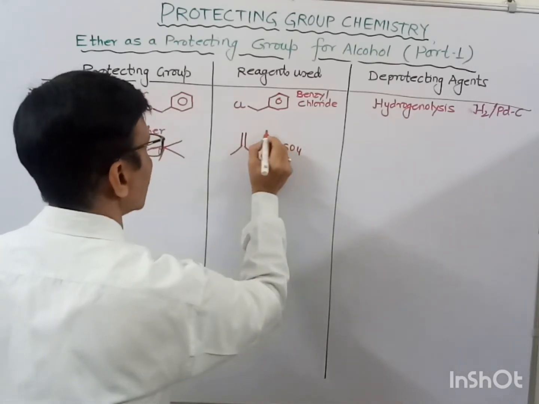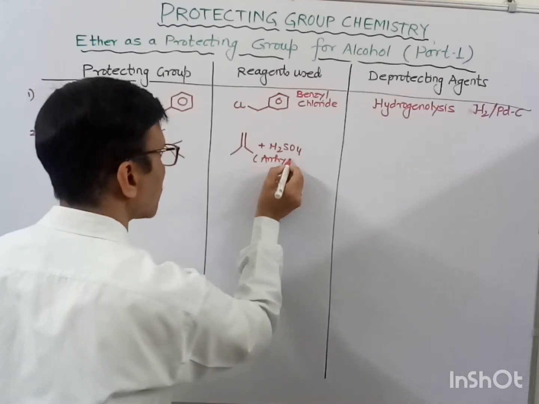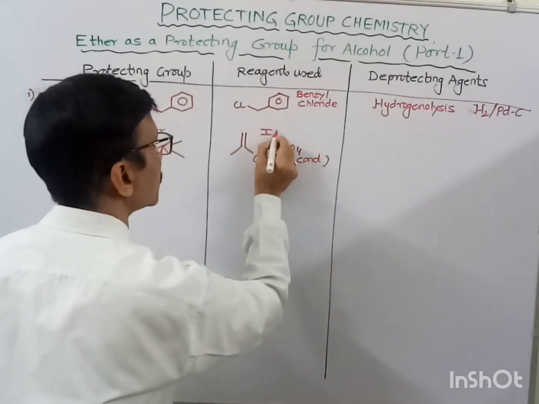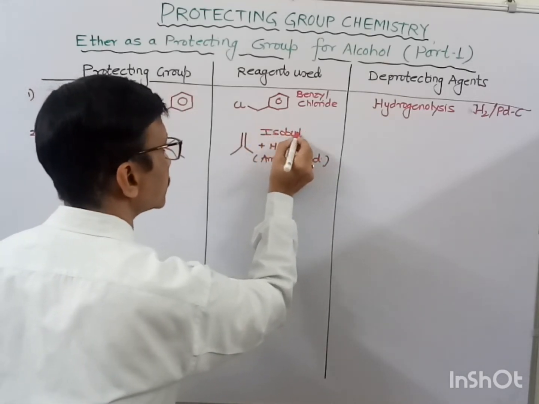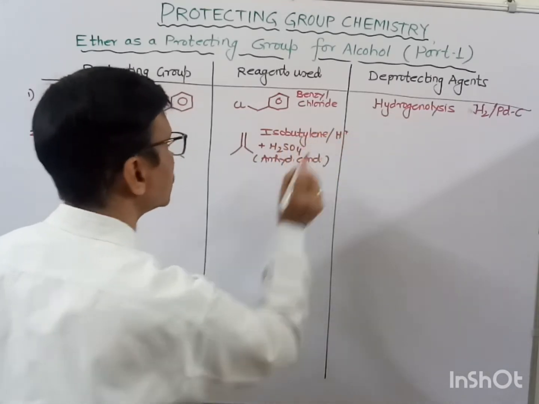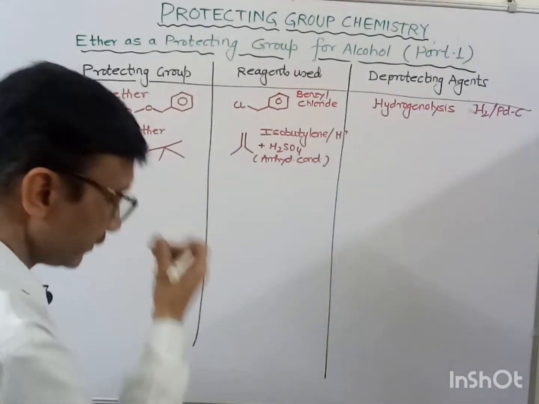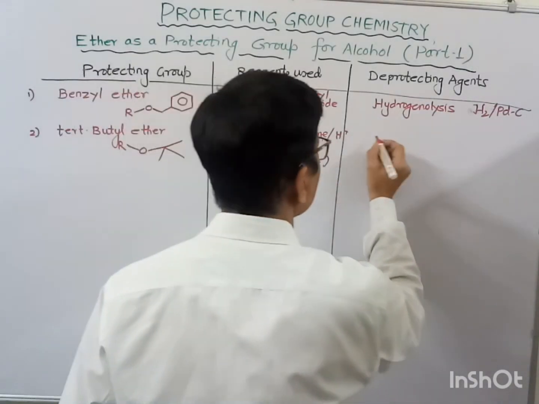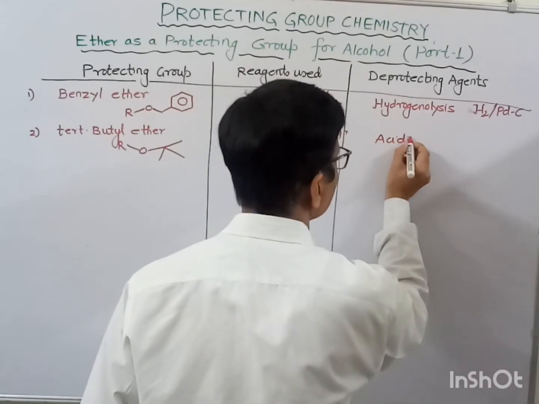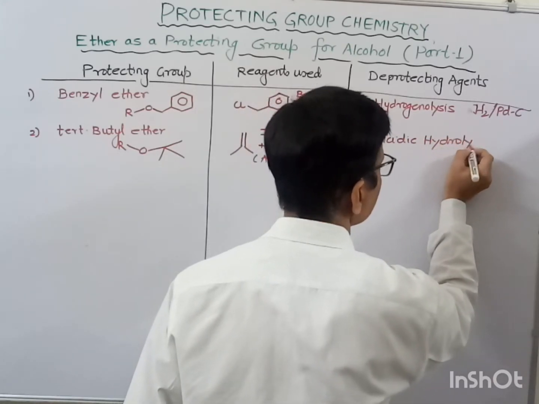Isobutylene is used under anhydrous, acidic condition. This may be deprotected by acidic hydrolysis.